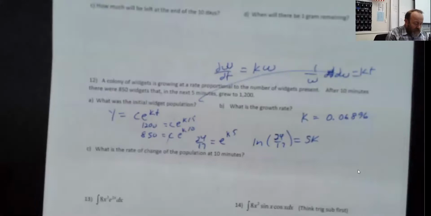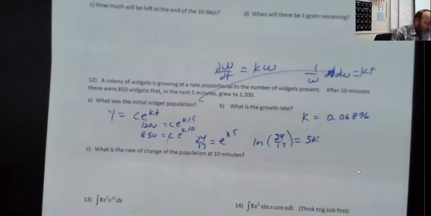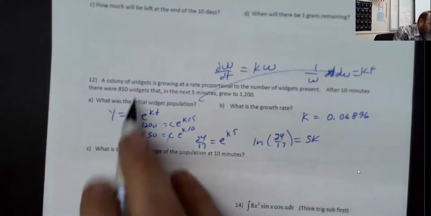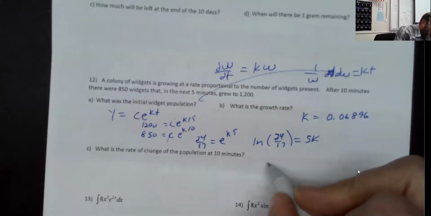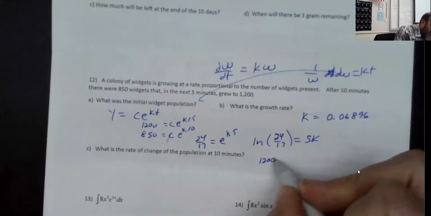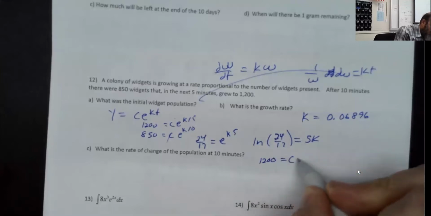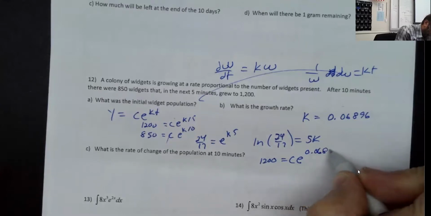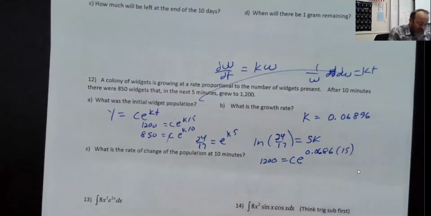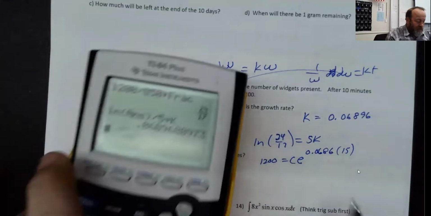Now, by doing that, there's a couple of things that I could do. And I'm kind of going all over the place, but I know that I have this little equation that said I had 1,200 widgets at exactly Ce to the k times 15. Well, this is really just a pretty simple number.